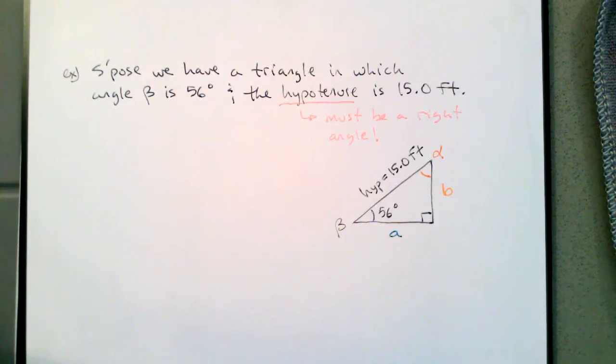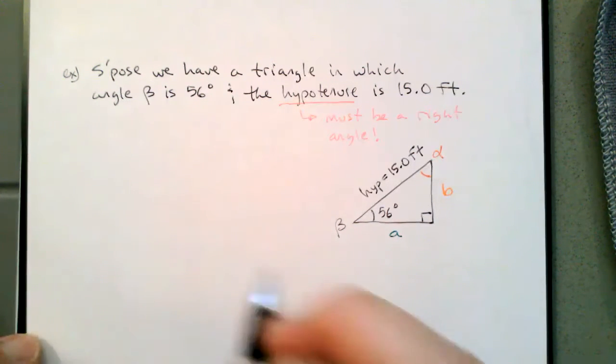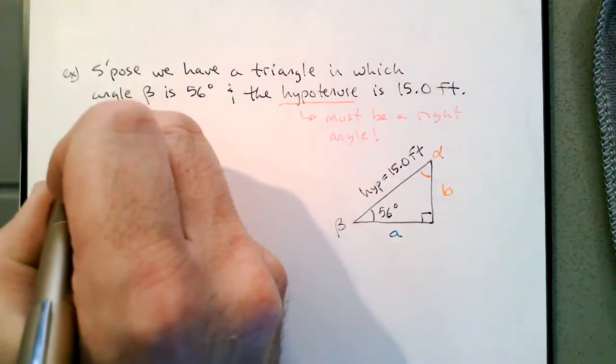In this particular problem, we have two of the angles, a right angle and the 56-degree angle. When you're playing the solving triangles game, whenever you have two angles, just subtract to find the third. That should be your first order of business.